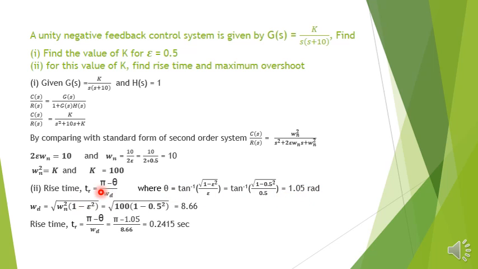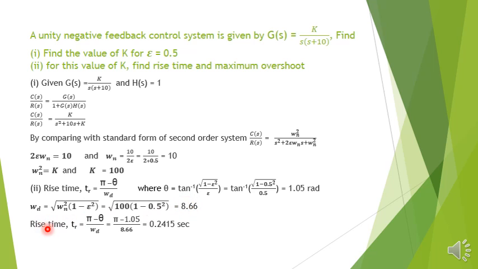Now one more unknown factor is omega d, which we can calculate as omega n into root of 1 minus zeta square. So root of 100 into 1 minus 0.5 square, you will get 8.66.